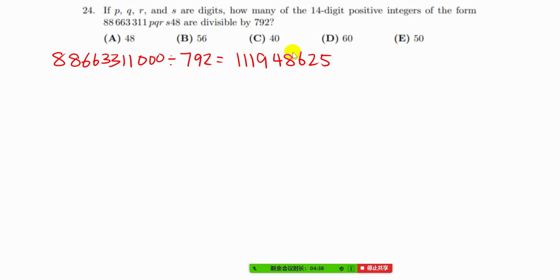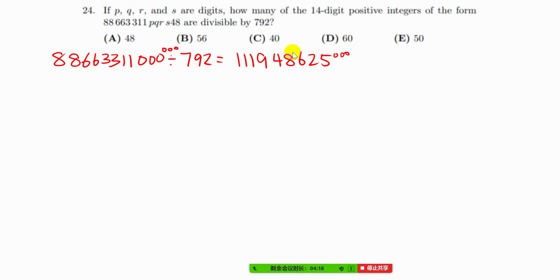So from this, we also know that if we add more zeros onto 8866331100, like if we add 3 more zeros, it can still be divisible by 792. We just need to add the same amount of zeros onto the answer.